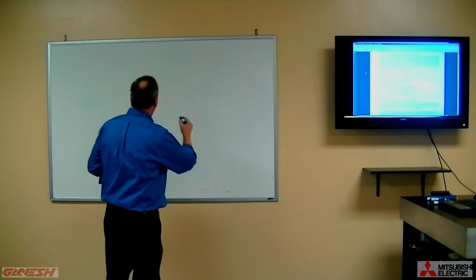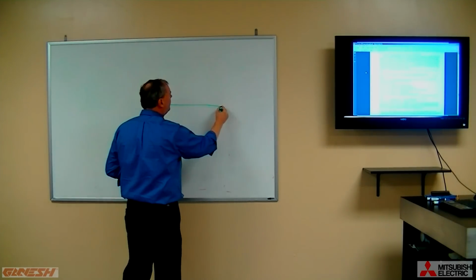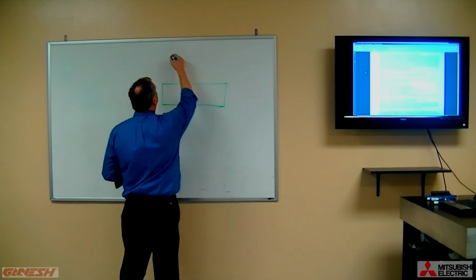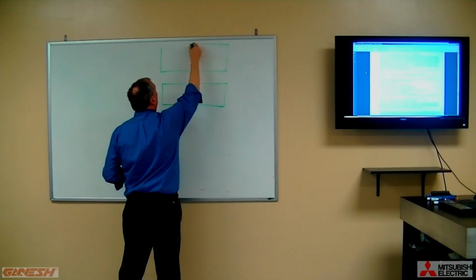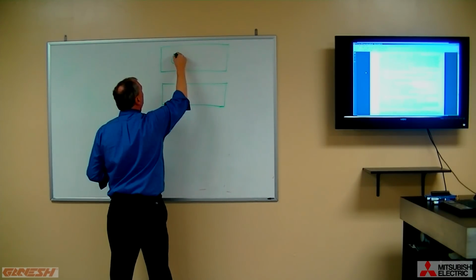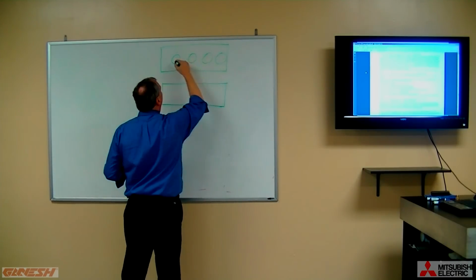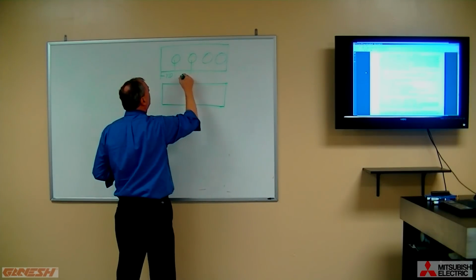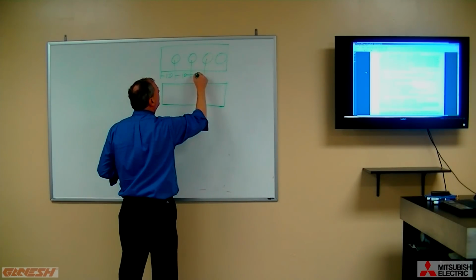If we have a part that is 1 1/2 inches thick, and we have to drill 4 holes: 1, 2, 3, 4. Each hole is 1 inch away from its next neighbor.